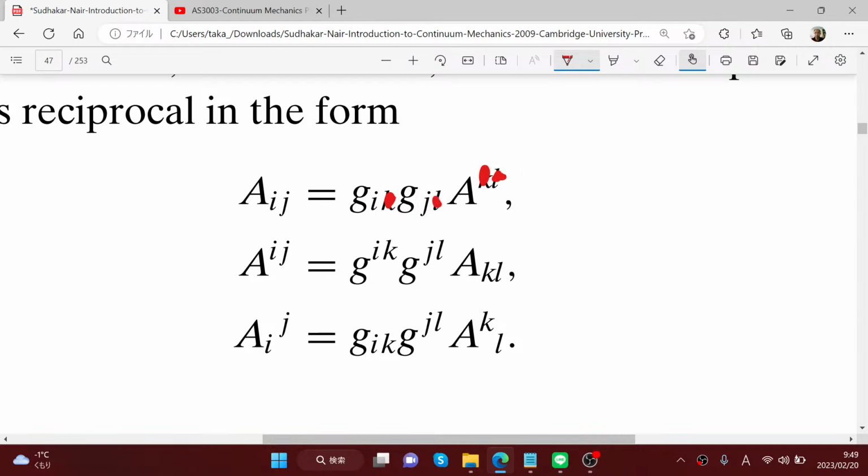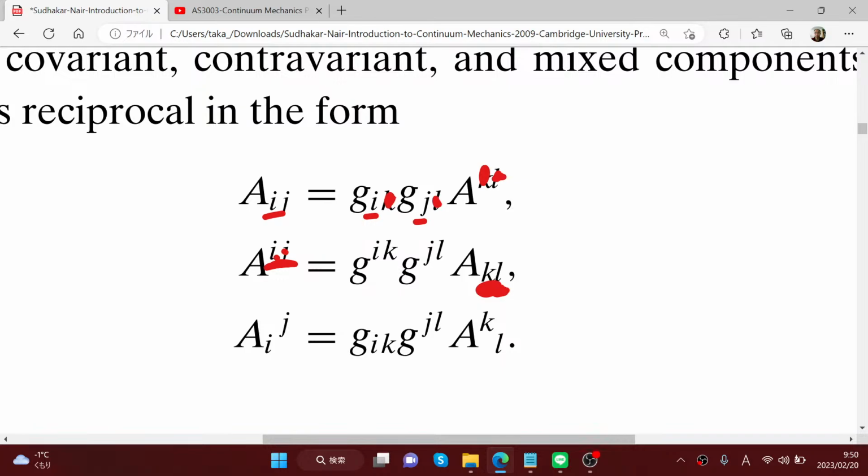So you have ij down. If you have ij up and kl down, you can put these kl indices up. And if you have indices like i down, j up, and k up, l down, you lower the k index down by this, and you put the l index up by this. Yes.